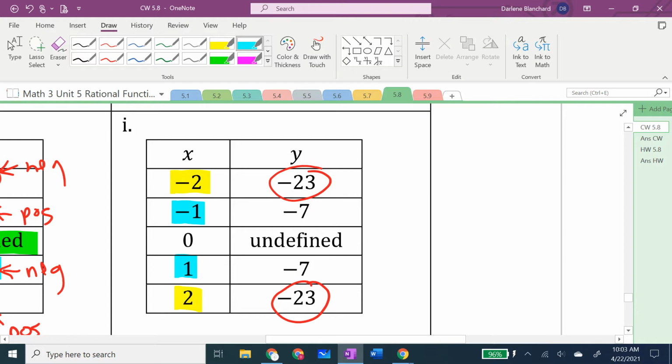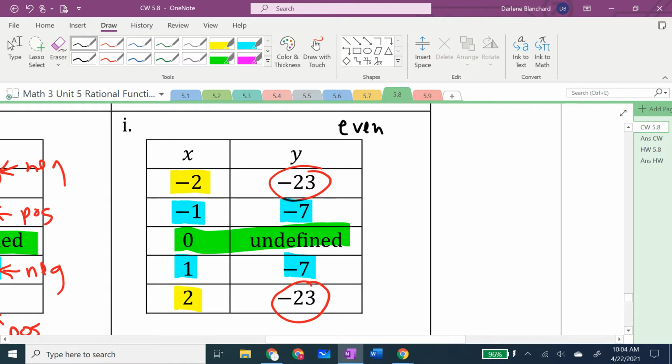Opposite signed x's, do they have the same y's? Yes. When it comes to an even function, it doesn't matter what happens at 0. 0 could be anything, including undefined. It does not matter. So this one is even.